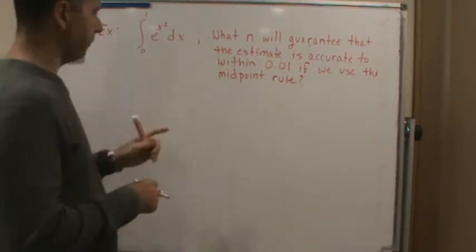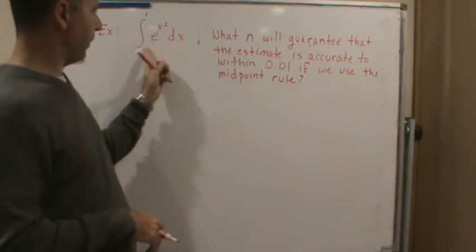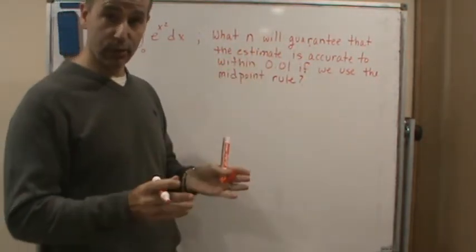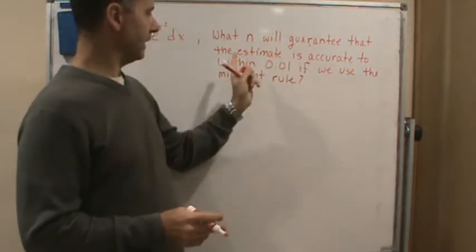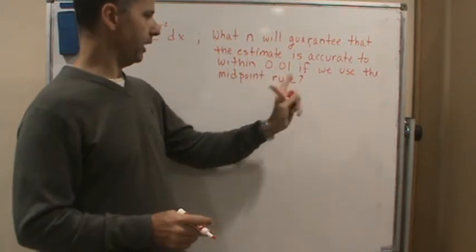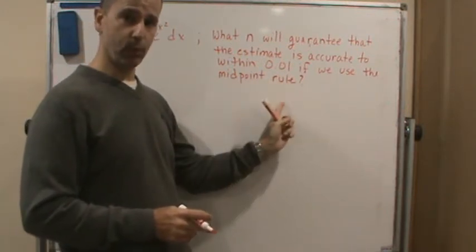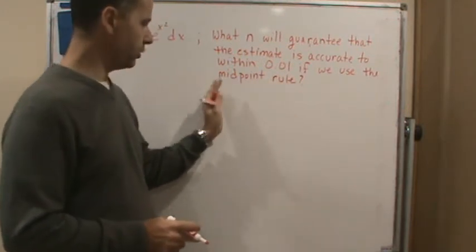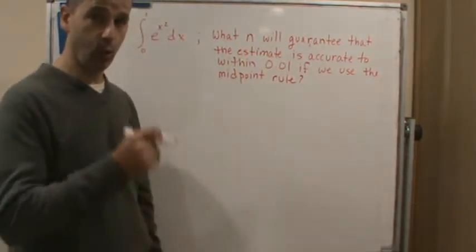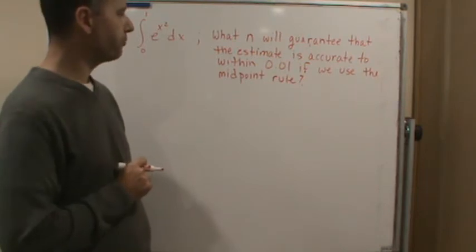So now, in this case, we want to approximate this, but the question is what n, how many subintervals do we need in order to guarantee that the estimate is going to be accurate to within 0.01 if we use the midpoint rule.